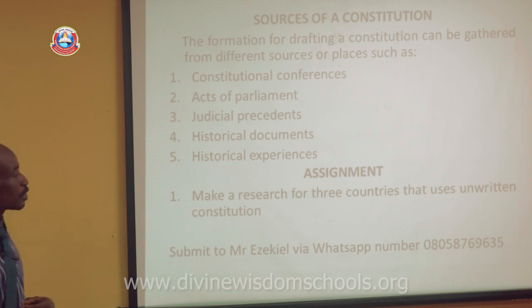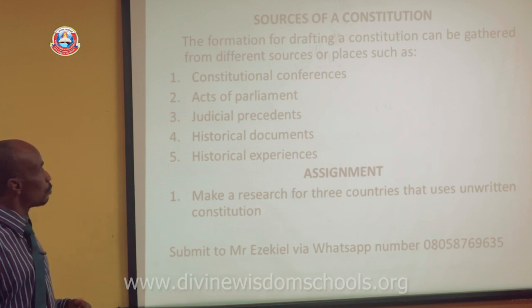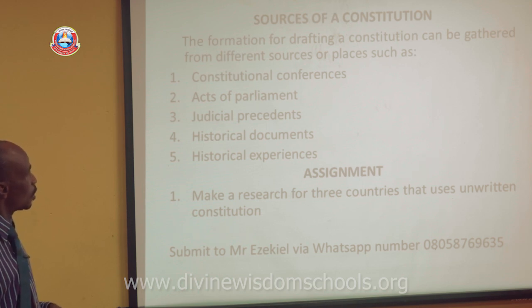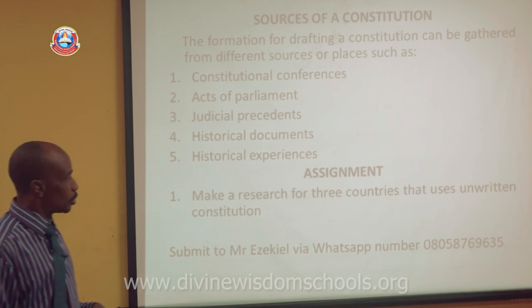Historical documents, the different tribes have their history. You gather information from any one or all of them. Then historical experiences. All these are the sources of a constitution where you can get information in drafting a constitution.